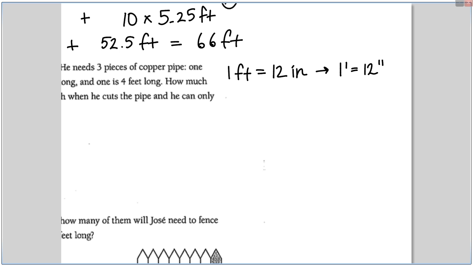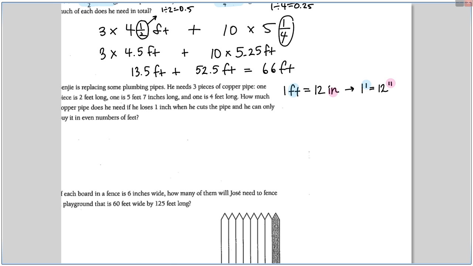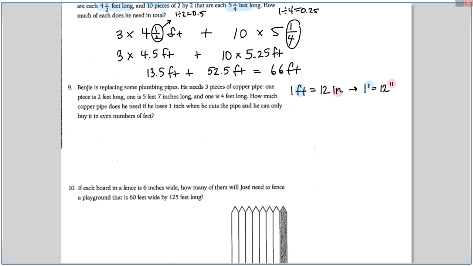Alright, so you need to know that the unit of feet can be represented by a tick, and inch can be represented by a double tick. And it's just groups of 12, and I'll talk about that probably in a little bit here. But so like 2 feet would be 24 inches, 3 feet would be 36 inches. It's just groups of 12. So if you can add 12, you can do feet and inch.